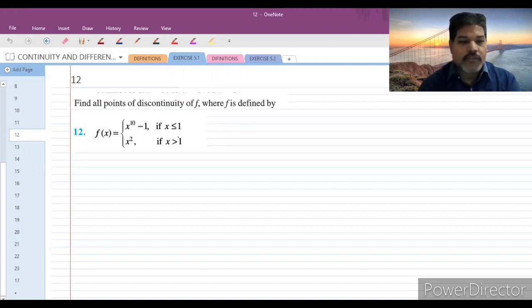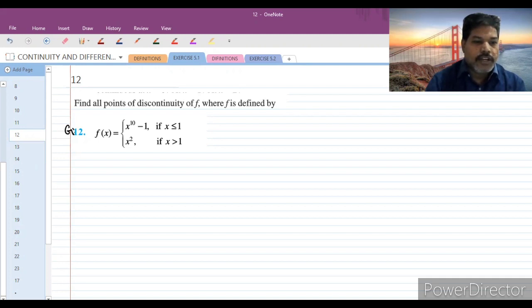So similarly, first take the given problem: f of x is equal to x power 10 minus 1 by x square if x is less than or equal to 1, and it is x square if x value is greater than 1.